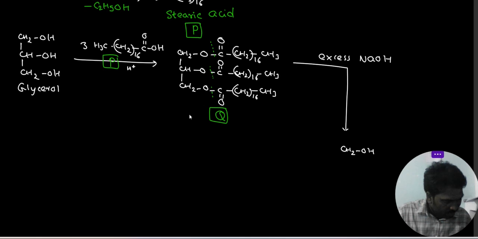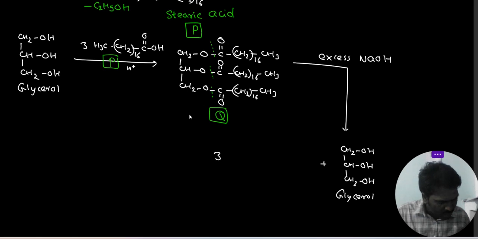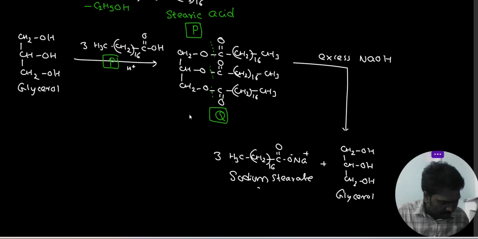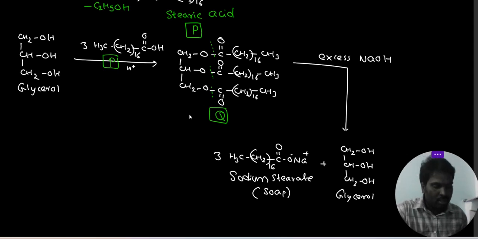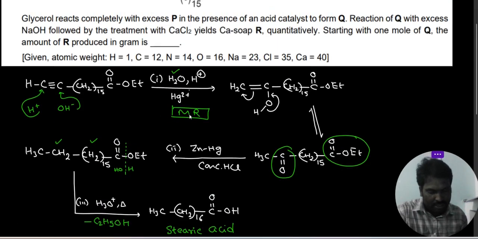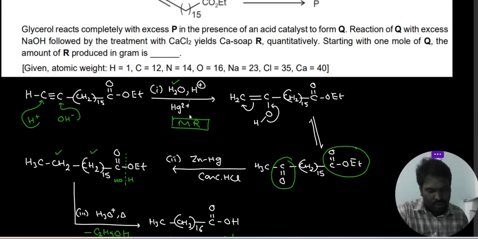Glycerol, plus 3 moles of CH3(CH2)16COO⁻Na⁺, which is sodium stearate. This is nothing but soap. Sodium soap is formed when it is treated with excess NaOH.